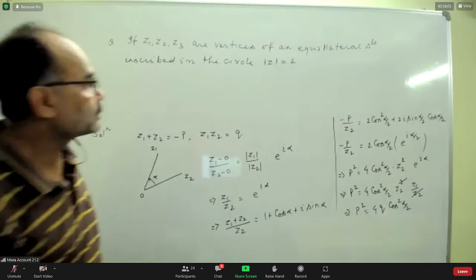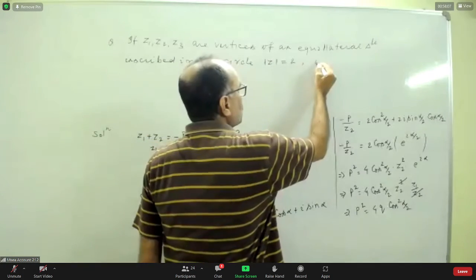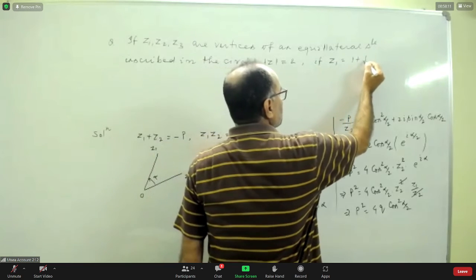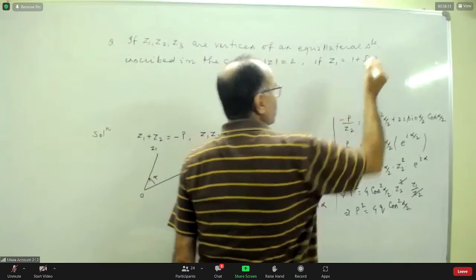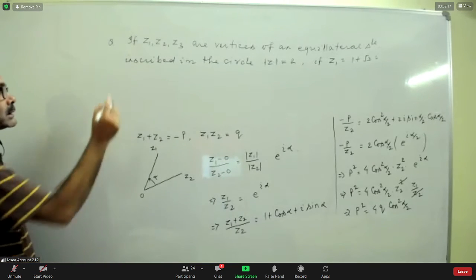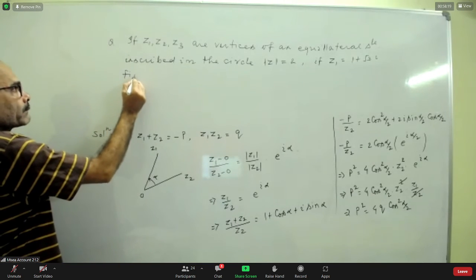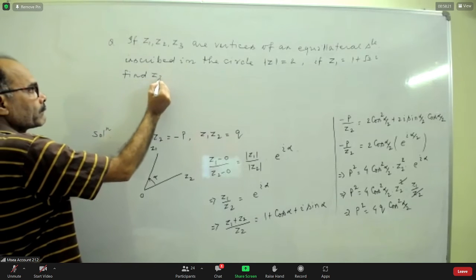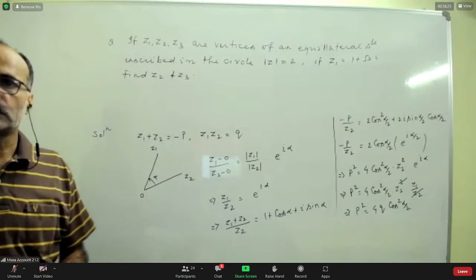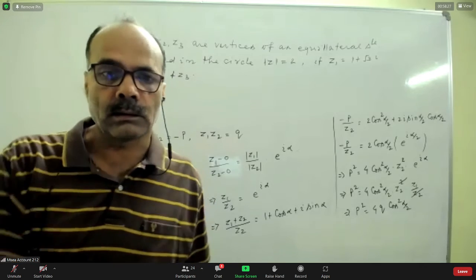If Z1 equals 1 plus root 3i, find Z2 and Z3.